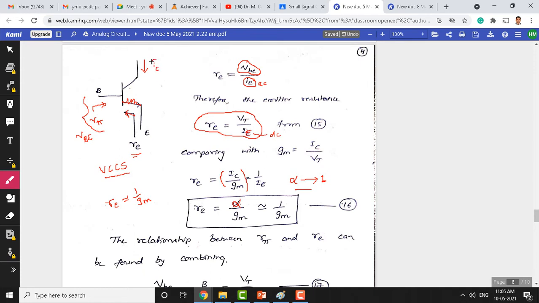The relationship between this IC, the collector current, which is an output current, and base emitter voltage is what is called a VCCS. Any change in the base emitter voltage changes the collector current here. So the ratio of this IC by VBE gives you transconductance. That's why Gm is very important here.